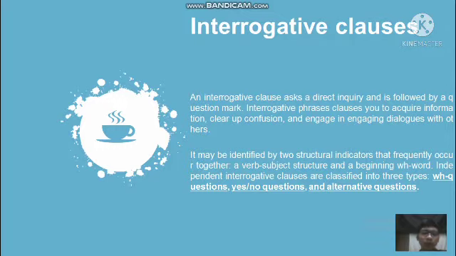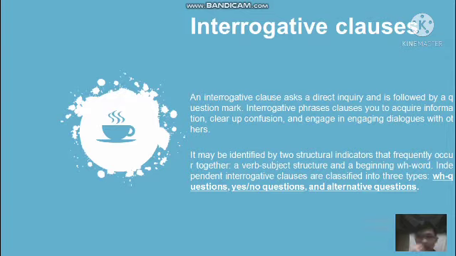An interrogative clause may be identified by two structural indicators that frequently occur together: a verb-subject structure and a beginning WH word.